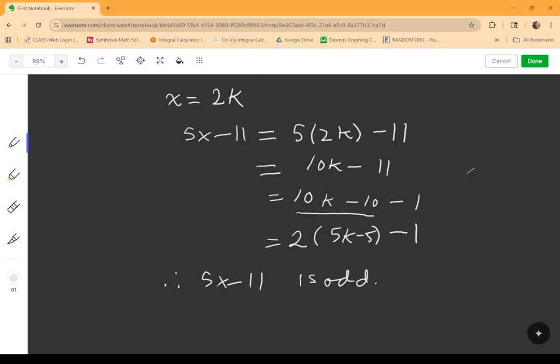Now this does not complete our proof. Since it's a biconditional, we need to go the other direction as well.